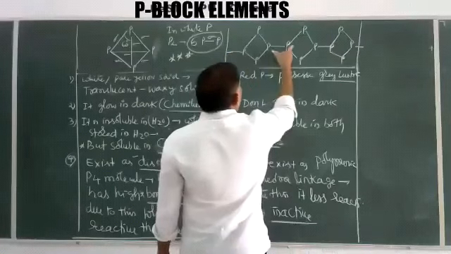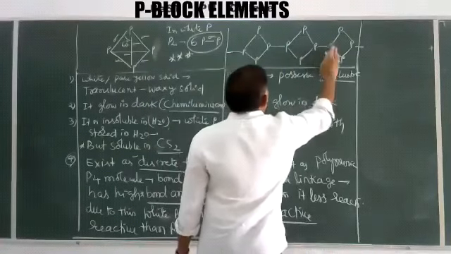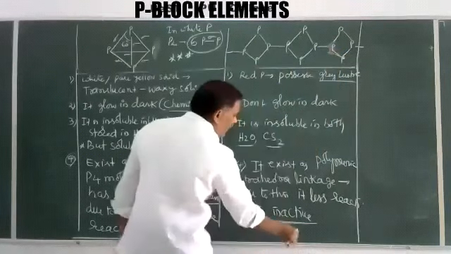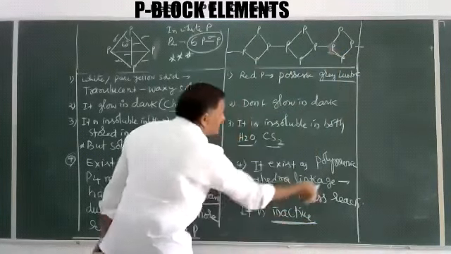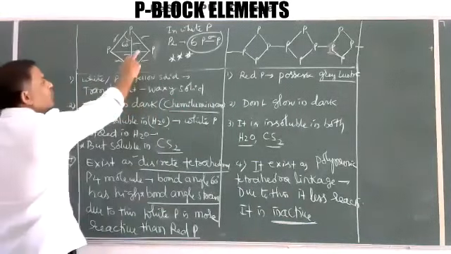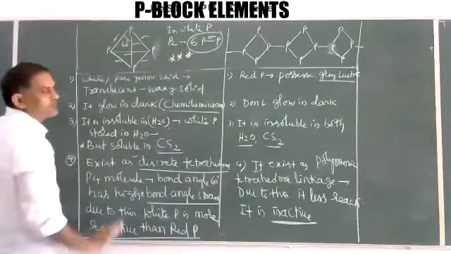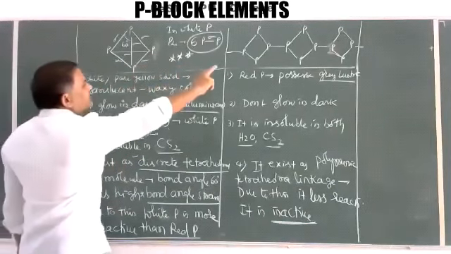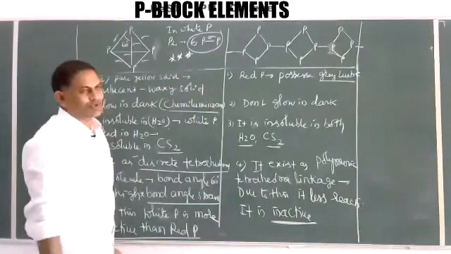Due to the polymeric tetrahedral link, its reactivity is less. That's why it is inactive, less reactive compared to white phosphorus, which is more reactive. White is tetrahedral P4, and red phosphorus has polymeric tetrahedral structure.